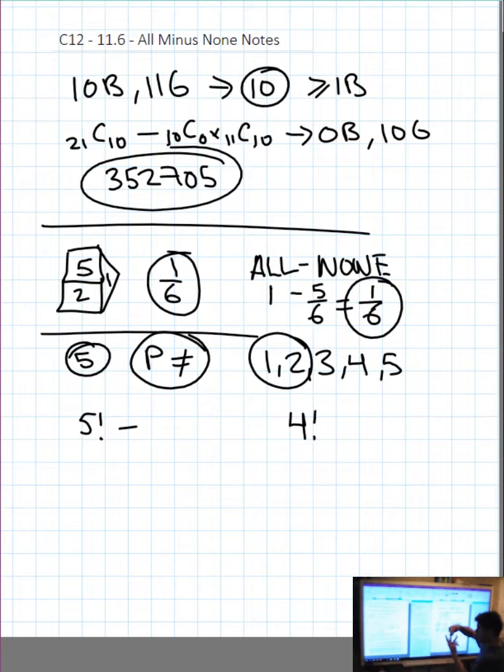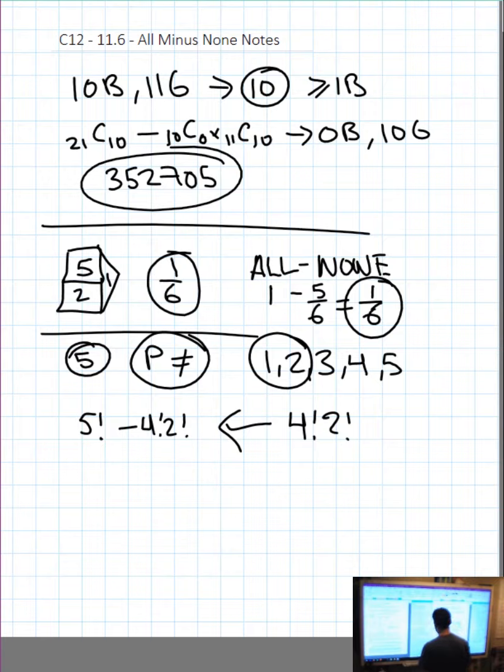Being one of the 4 things, 4 factorial, the parents being 1 and each of the other kids being 1, 4 things. But then within each of those places, the parents can switch. So we need to multiply that by 2 factorial. And that's exactly what goes over here. 4 factorial, 2 factorial.